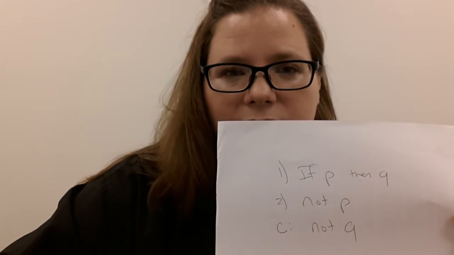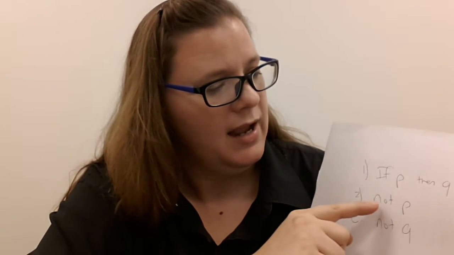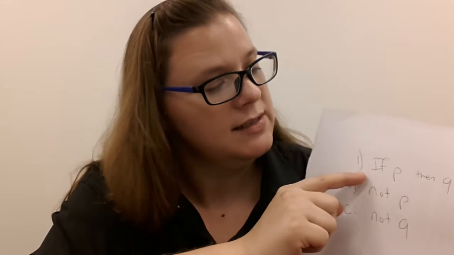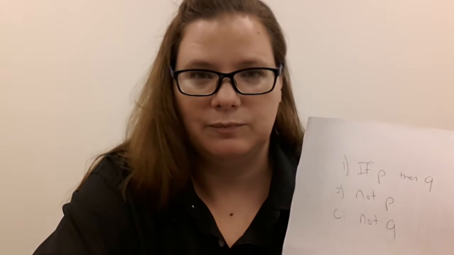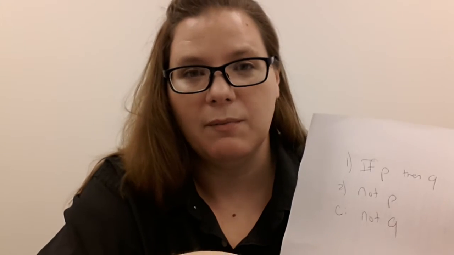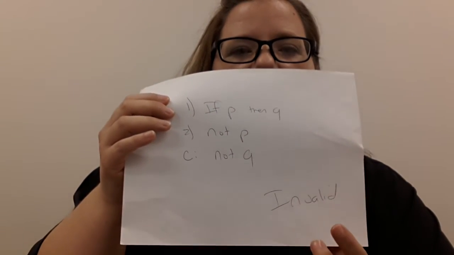This is invalid. Just because I didn't open my hand doesn't prove that the pen's not going to drop, because it could drop for other reasons. I moved my hand instead of opening my hand. So this is an invalid structure.